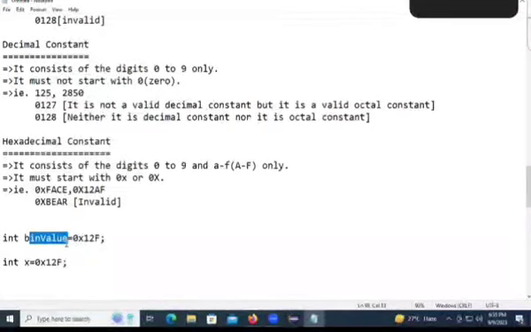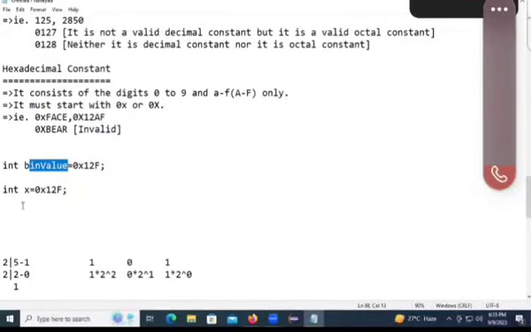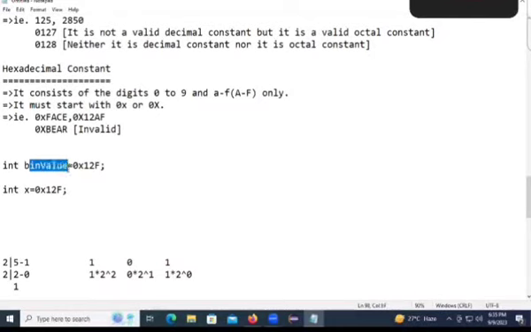When I say this is valid, you say it is invalid. It means the naming convention is what troubles us.